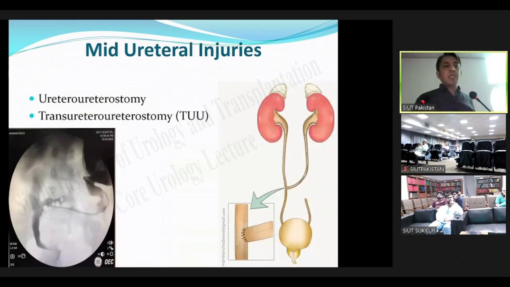For mid-ureter, we have the same ureteroureterostomy if the loss is 2 to 3 centimeters, or we can do transureteroureterostomy. The TUU is also done for a condition when we have failed a Boari or psoas hitch, or when there is another contraindication.